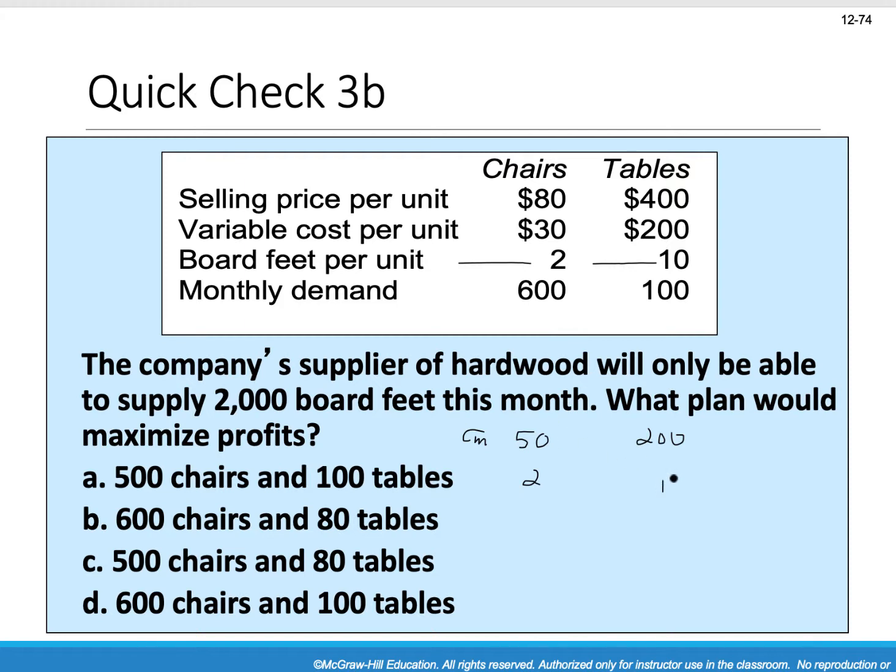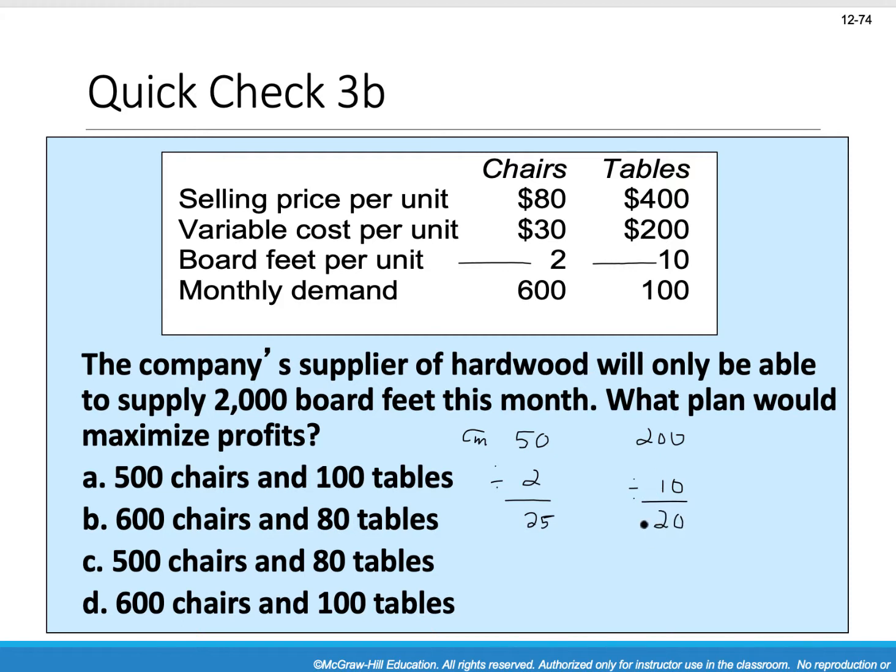Tables 10. Okay, so we see that for the chairs, the contribution margin per board feet is $25. And I see that the contribution margin per board feet for tables is $20.